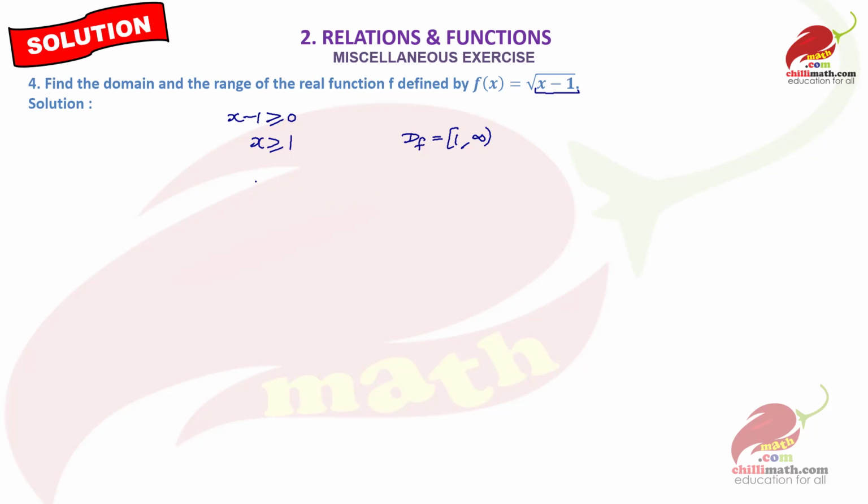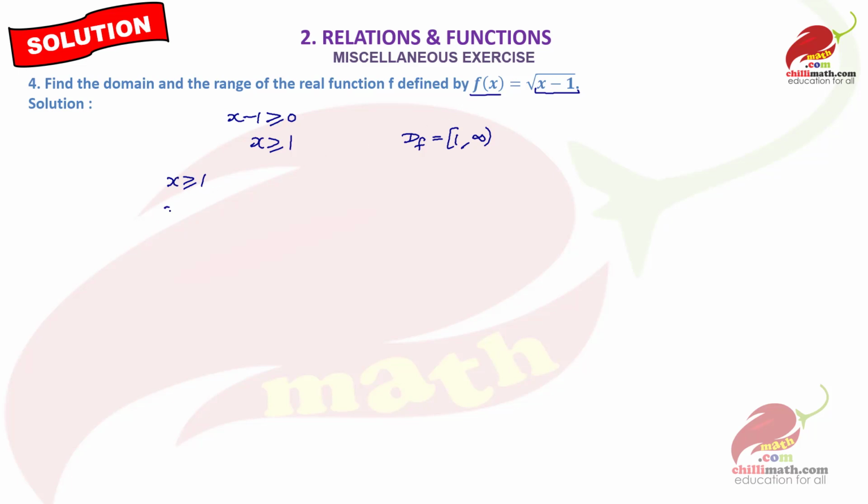To find range: range is the set of numbers which we get after putting domain elements, that is called the output. So as we know, we can put only numbers that are greater than or equal to 1, and this is our function.